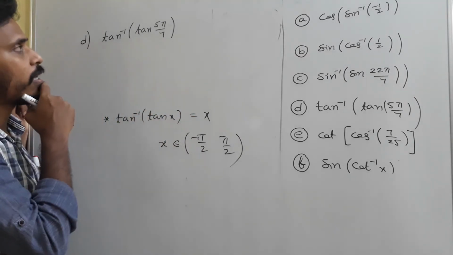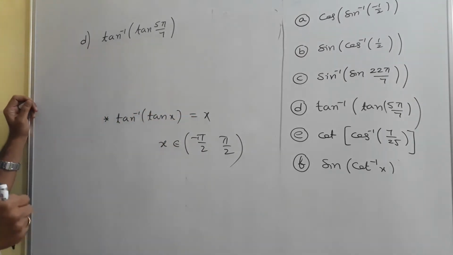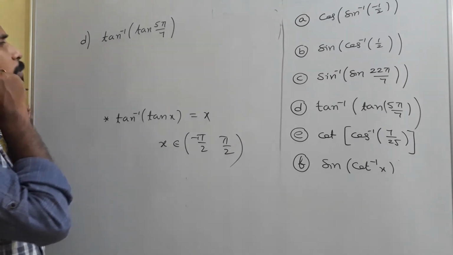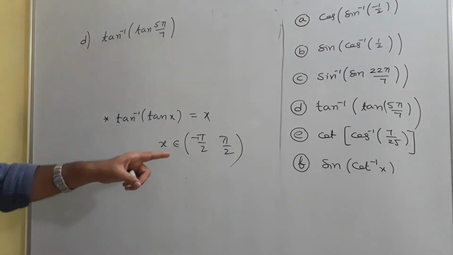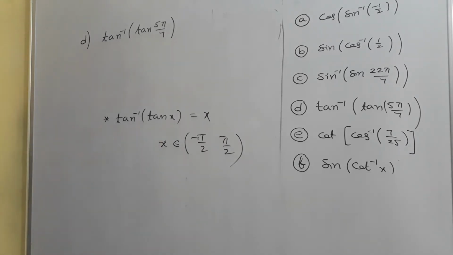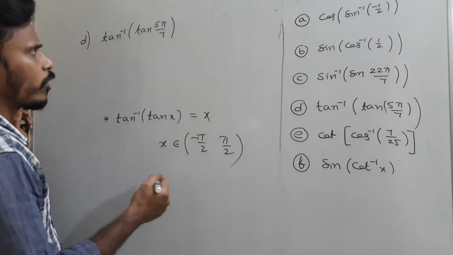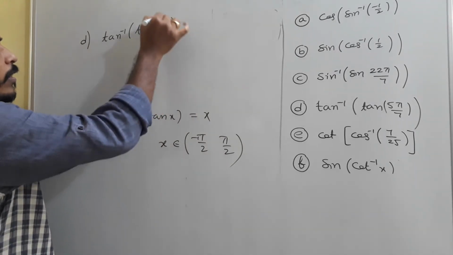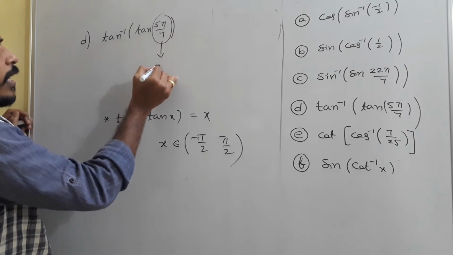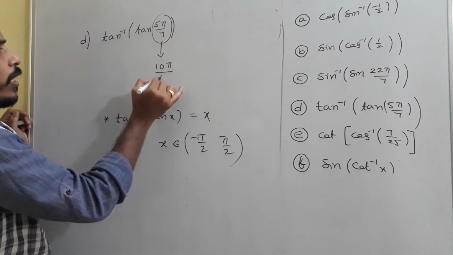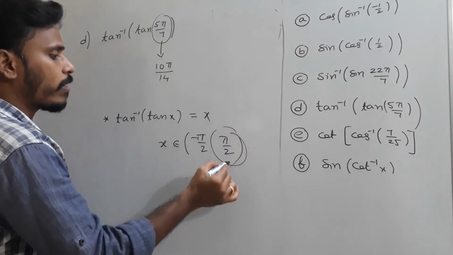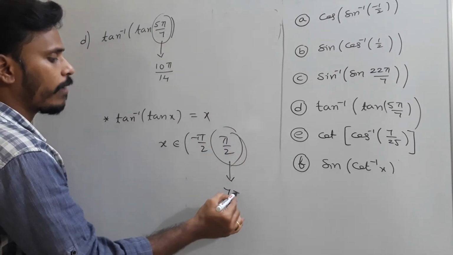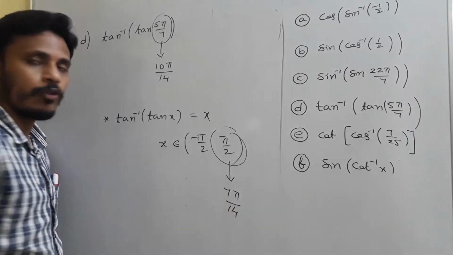But here what is it? 5 pi by 7. You need to think about whether it is in that range or not. This is pi by 2 and that is 5 pi by 7. So 5 pi by 7 can be written as 10 pi by 14 by multiplying by 2, and pi by 2 can be written, if you multiply by 7, as 7 pi by 14.